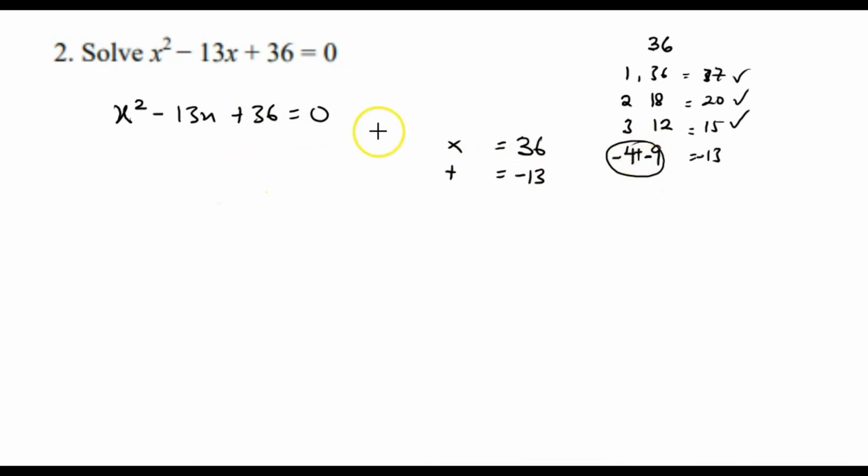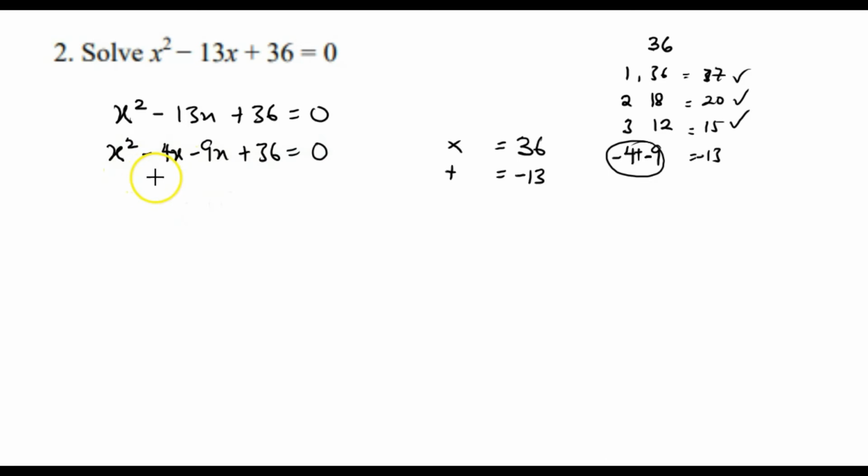So we can replace our middle term, which is the x term in the quadratic equation, with the new factors, negative 4x and negative 9x. So we'll have a 4-term polynomial: x squared minus 4x minus 9x plus 36, and that must be equal to 0.